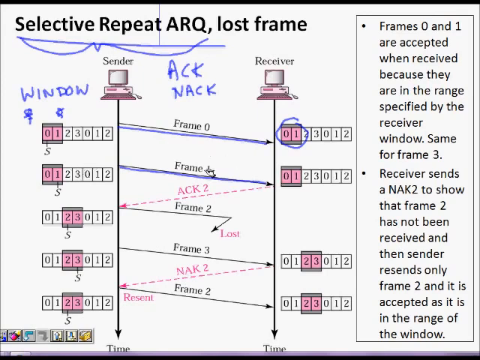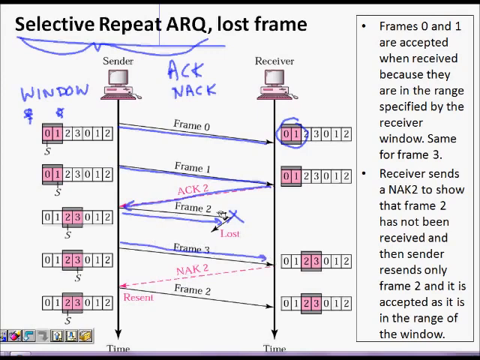So you get ACK 2, which means now I am expecting frame 2. Now the sender sends frame 2, but somehow it gets lost. I don't know yet. I have started a timer here. Then I send frame 3.